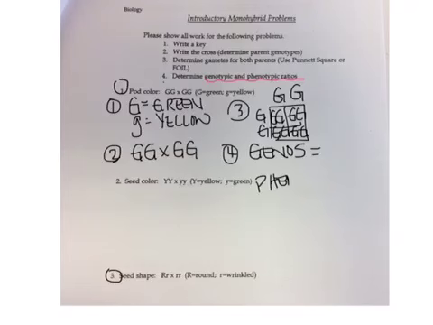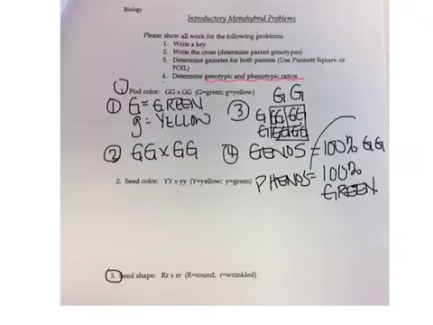Now be careful, you need to know the difference between the two of those. So now we look up at our Punnett square. Genotypes, we have 100% big G. For phenotypes, we have 100% green. Circle that. That's your final answer. Make sure you have a genotype next to genos. Make sure you have a phenotype next to phenos.